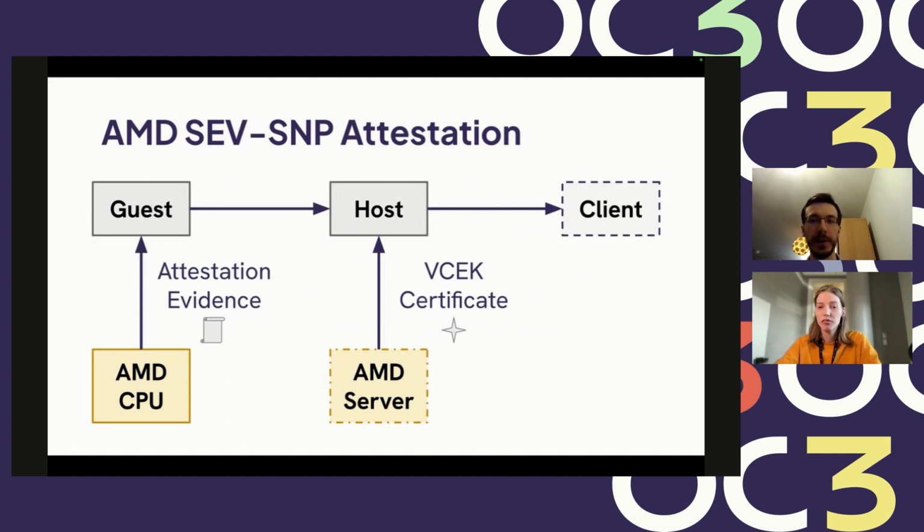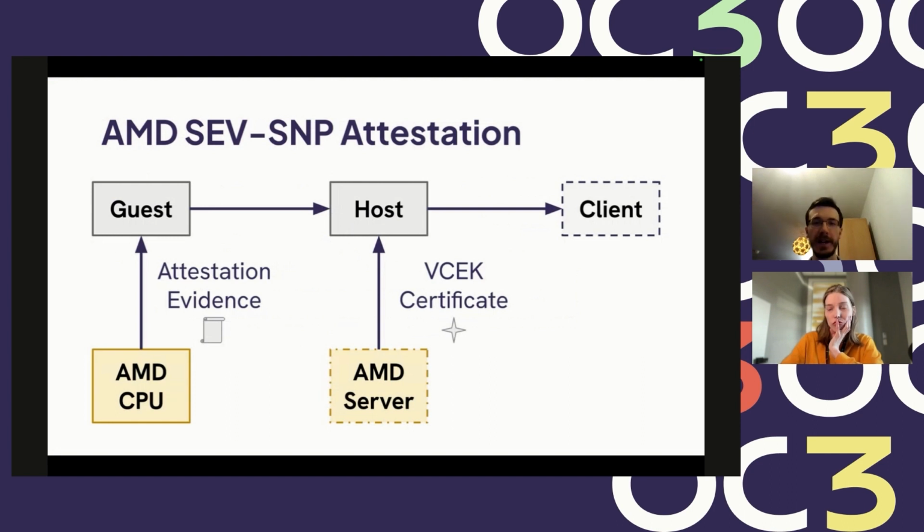Also, the corresponding host can request a so-called versioned chip endorsement key certificate, or VCEK certificate, from a remote AMD server. The certificate signs the corresponding hardware key that is used to sign attestation reports. The VCEK certificate and the attestation report together form an endorsed evidence that is represented as a certificate chain going all the way to the AMD root certificate, which can later be sent to the client for verification.